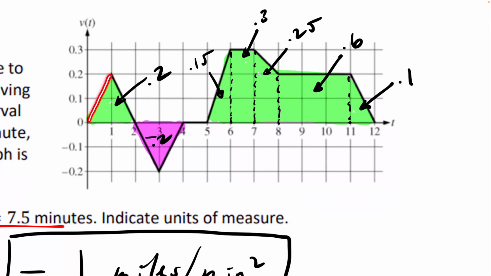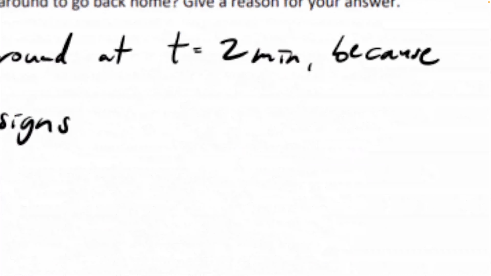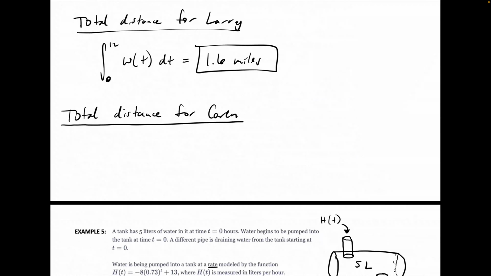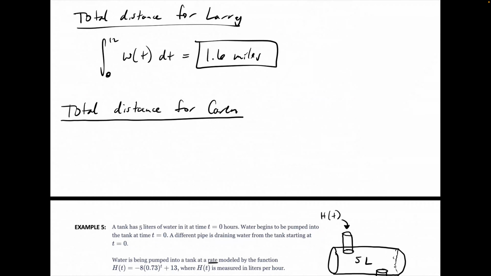She's going, she forgets, doubles back, gets her homework, she's ready to go. So at 5, that's when she actually starts, right? So it's 1.4 miles. So let's see.